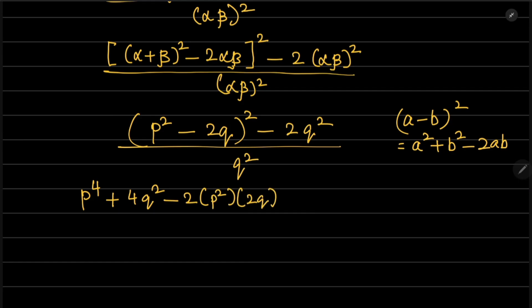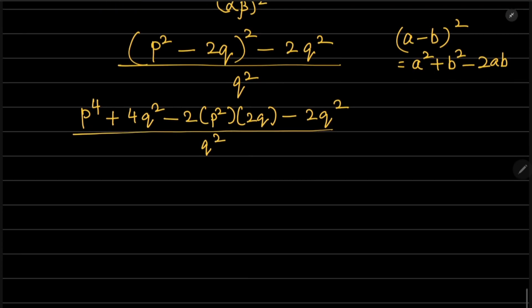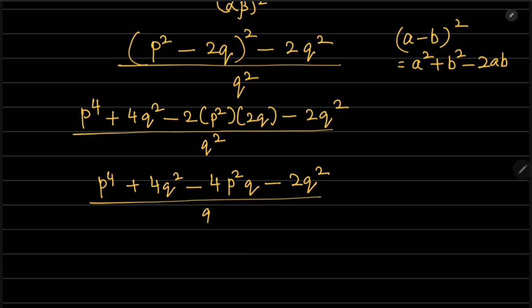Be very careful with the sign. Minus 2q square, the whole divided by q square. Write it every step, please write it carefully. So you have p to the power 4 plus 4q square minus 4p square q minus 2q square divided by q square. So I'm just following it.